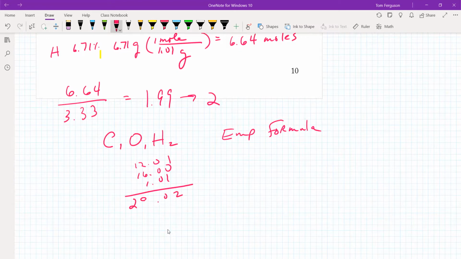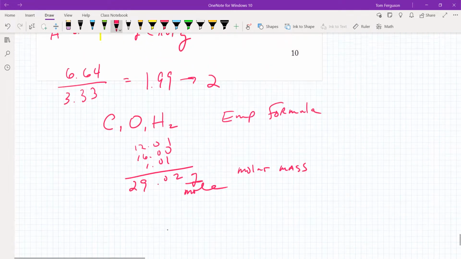So that's what, 29.02, right? The molar mass of the empirical formula is 29.02 grams per mole.